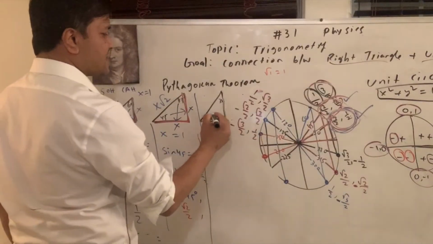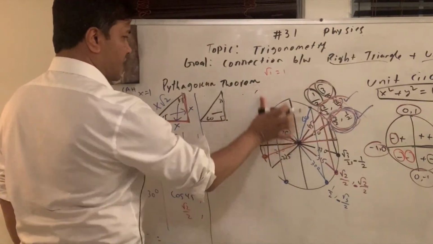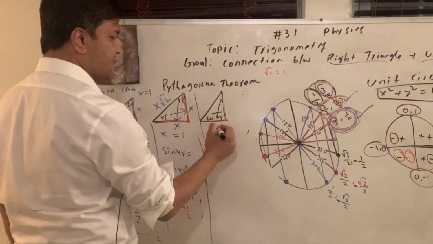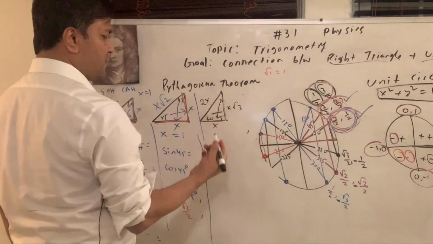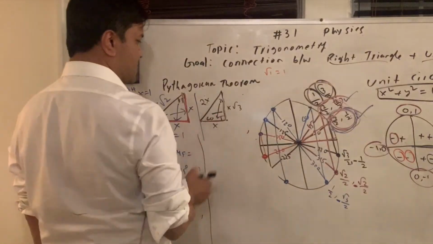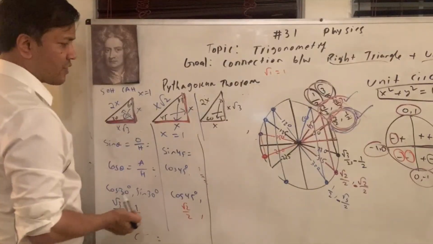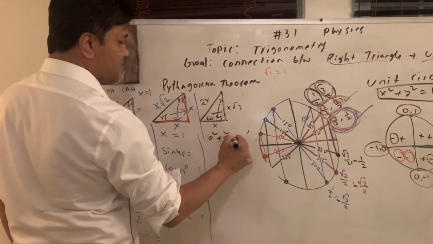Alright, now what's left is the 30, 60, 90. So what is opposite to the 60? Alright, I forgot, but I remember what is opposite to the 30 is x, then x root 3, and 2x. If you forget, you can use the Pythagorean theorem to check that. a squared plus b squared equals c squared.